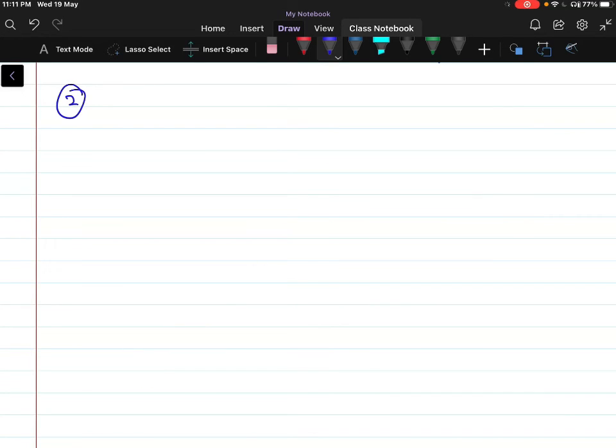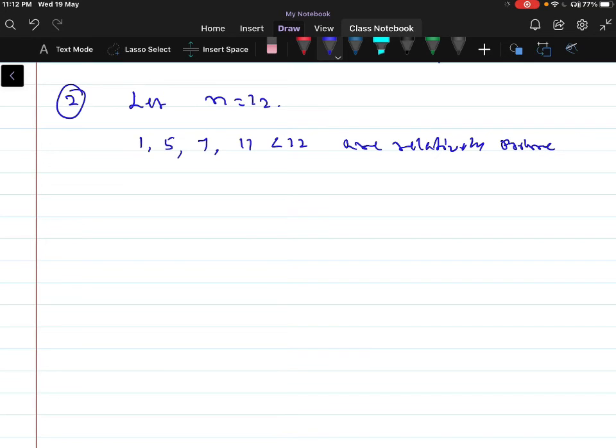Let us consider another number. Let n is equal to 12. So there are integers 1, 5, 7 and 11 less than 12. So these integers are relatively prime to integer 12.